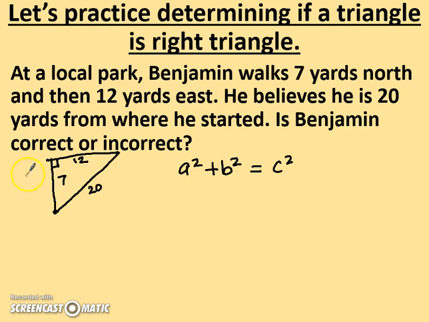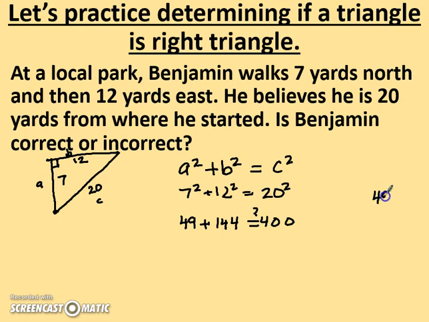So he thinks that the shortest side, which is A, is 7. The shortest distance that he walked was 7. The medium distance that he walked was 12. And the longest distance that he walked was 20, or he would walk if he did. Now, simplify using our exponents first. 7 squared is 49. 12 squared is 144. And we want to know, does that equal 20 times 20, which is 400.